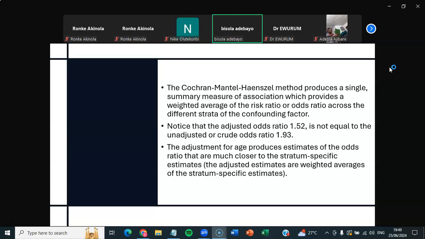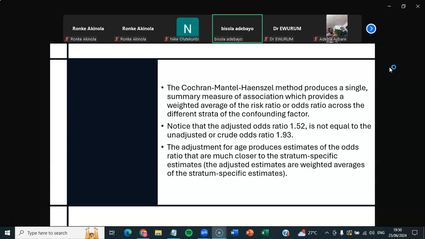So the CMH method just produces a single summary measure of association that provides a weighted average risk ratio or odds ratio. You can also do it for a cohort study across the different strata of the confounding variable. And usually what you get is closer to the stratum specific estimate.